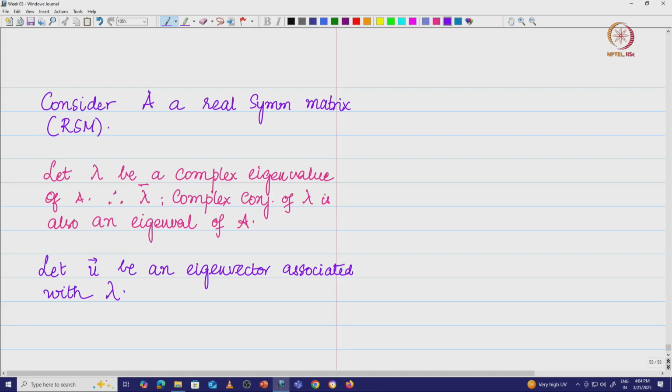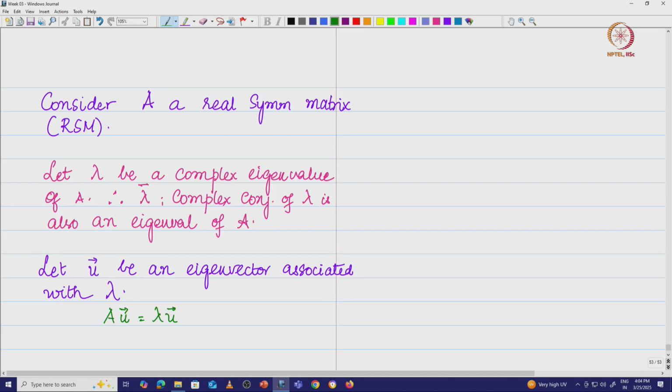Then what is it that we know? We know that A u is equal to lambda u. This is something we know, because that is the non-zero eigenvector that we are looking at. So A u is equal to lambda u.